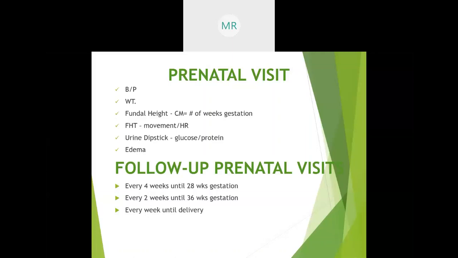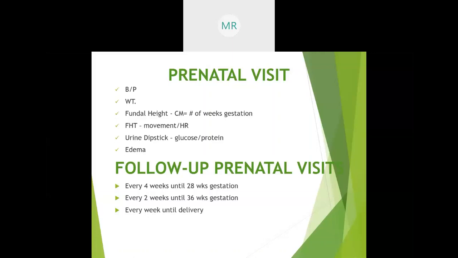Then when you measure, it's supposed to be 28 weeks plus or minus 2 weeks. That's how we know the baby is growing inside the uterus according to the dates and by size. Fundal height is a very good measurement of how the baby is in utero, plus or minus 2 weeks.